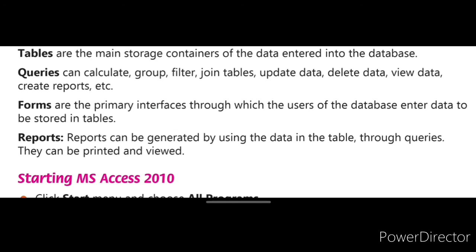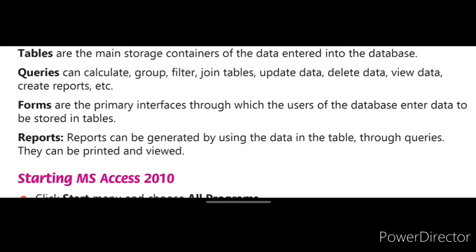So an MS Access database is made up of basically 4 parts. The first is tables. Tables are the main storage area of the data that the user, that is we, enter into the database. Next is queries. Queries are the main part of the database where it calculates and performs the operations. It calculates, groups, filters, joins tables, updates or deletes data, views data, creates reports, etc. The next feature is forms.